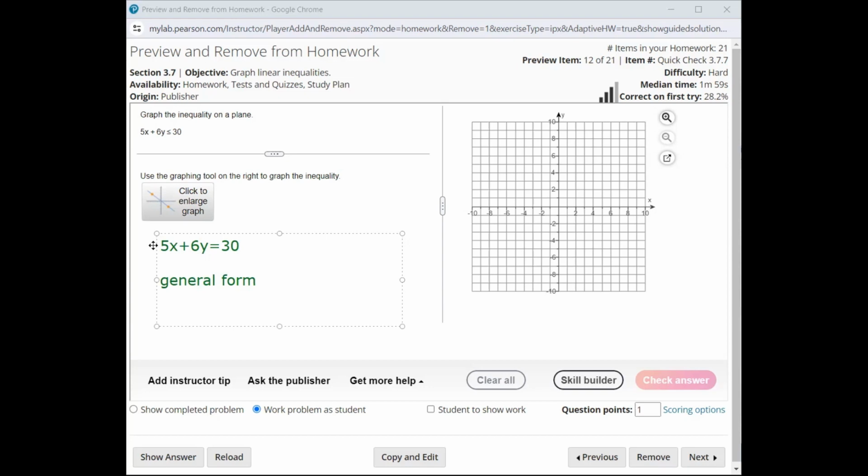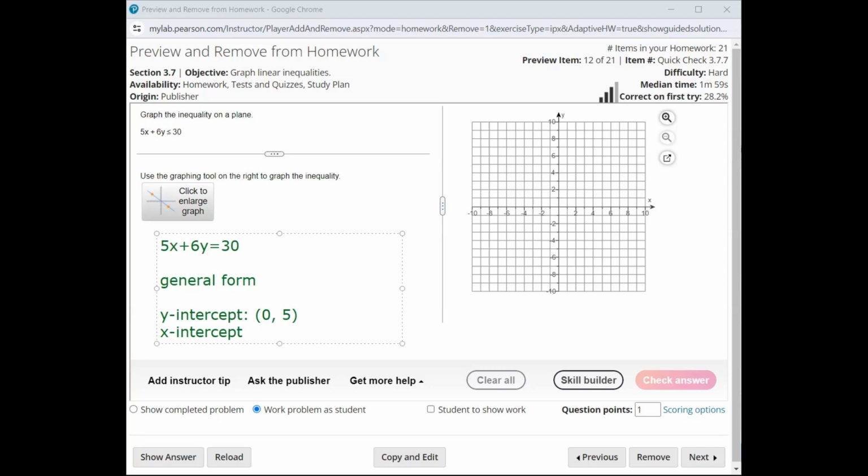It's a good idea to draw the line using the intercepts. Y-intercept, select x equal to 0. When we set x equal to 0, we get y is 5. So the coordinates of the y-intercept are 0, 5.